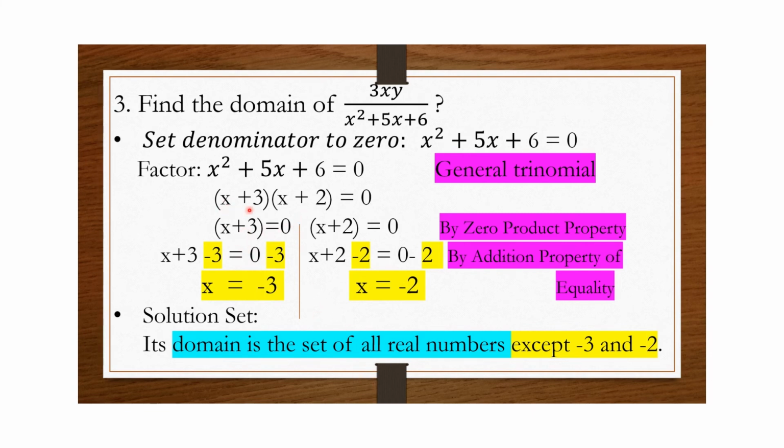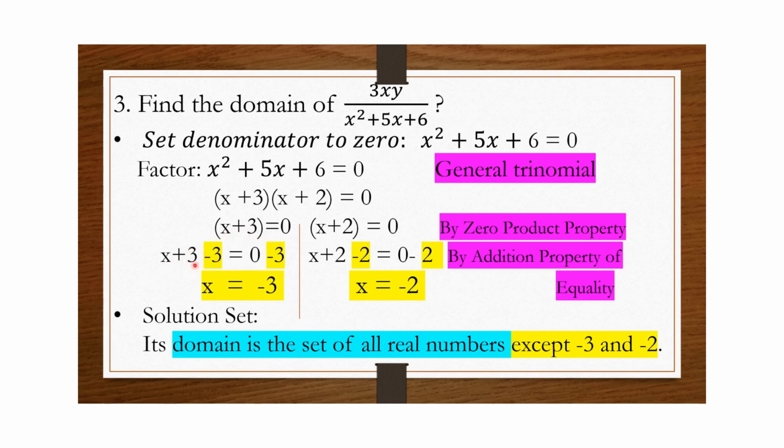So if the product of these two factors is equal to 0, then we can say x plus 3 equals 0, or we can say x plus 2 is equal to 0. And from here, we can find the value of x. So x plus 3 equals 0, and we will solve for x.